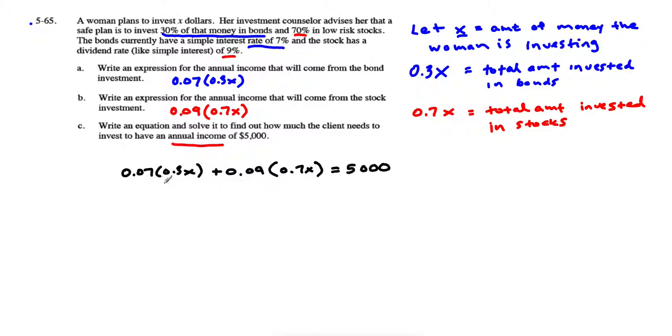If I have 7/100 times 3/10, that should give me, and you can use your calculator if you need to, some people struggle a little bit with decimals, so I should get 0.021 plus, if I do 7/10 times 9/100, I should end up with 0.063 times x equals 5,000.